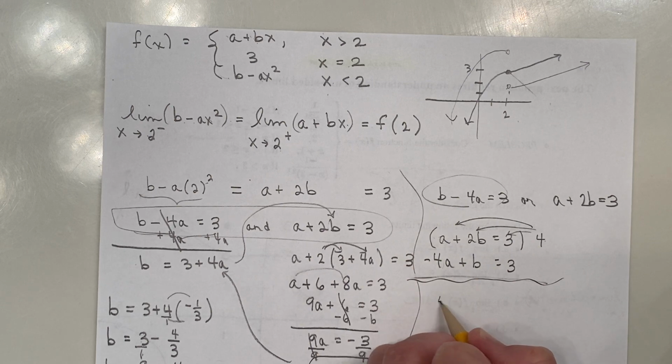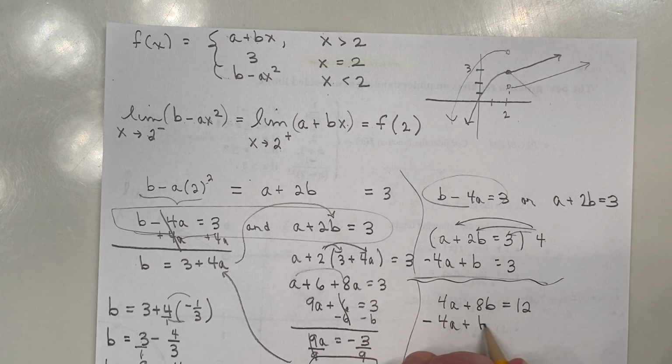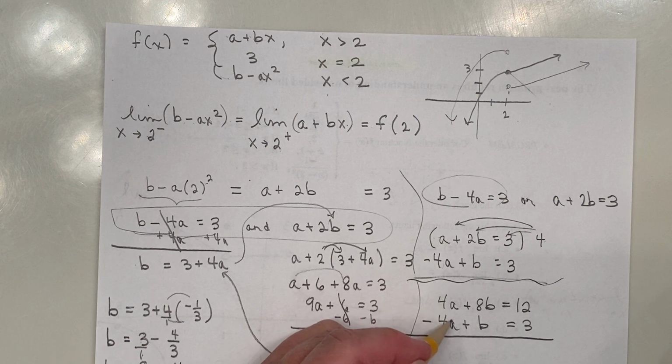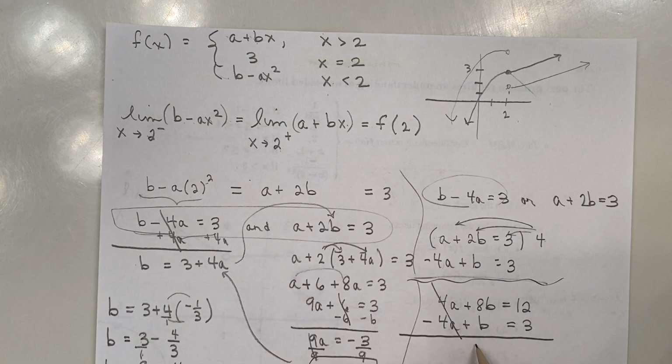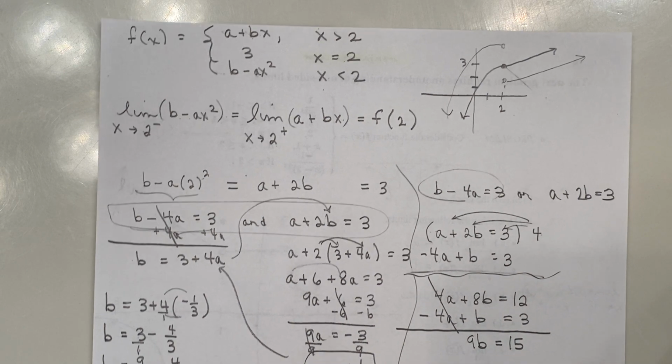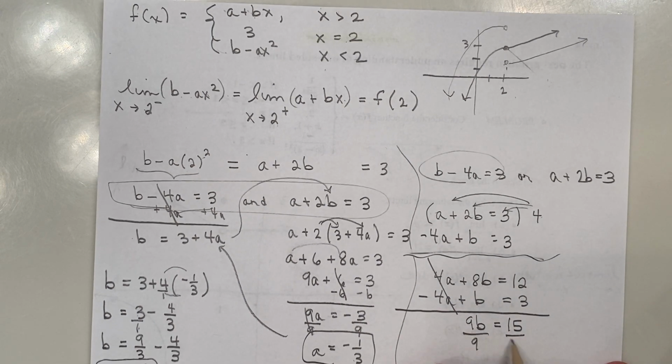So distributing 4 in and rewriting the bottom equation. Now I'm able to add down, and the A term will cancel, and I'm left with 9B equals 15. Divide by 9, B equals, 3 is a common factor, we're going to end up with 5/3.